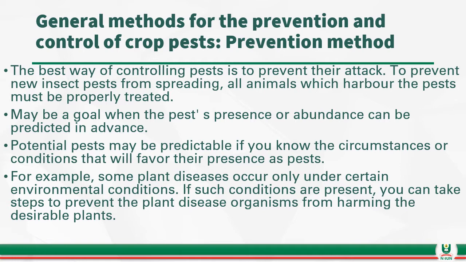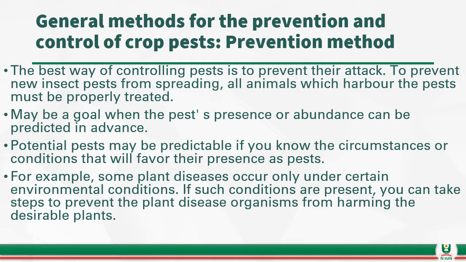So by way of introduction, the prevention method is how we are going to be moving on. The best way of controlling pests is to prevent their attack. And prevention just talks about envisaging what is coming and then preparing for it and preventing it.